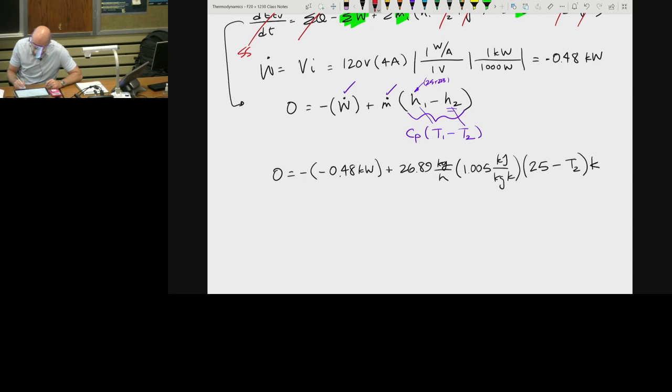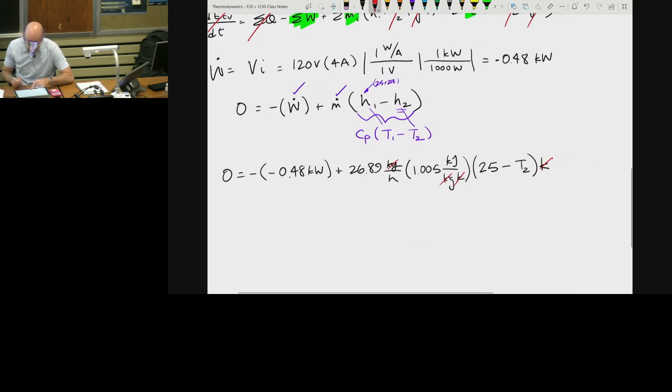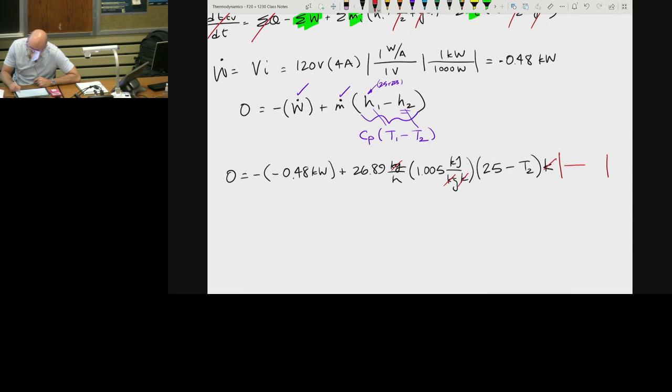Kelvins go away, kilograms go away, and I have kilojoules per hour, which is not a kilowatt. A kilojoule per second is a kilowatt, so I have to say that in 1 hour, there are 3,600 seconds.